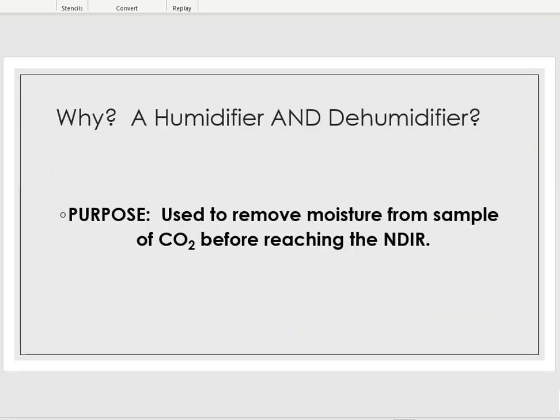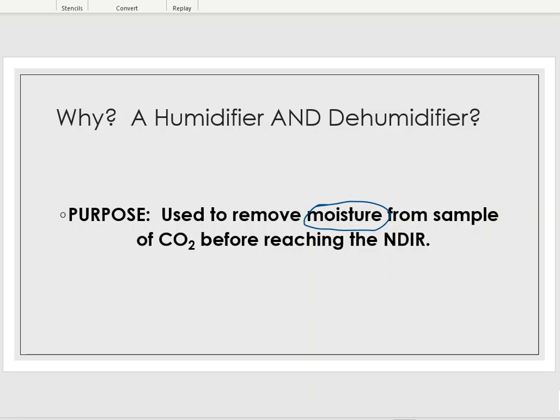And the purpose here is very similar to the purpose of the humidifier that we've talked about before. Anytime this instrument or this sample has extra moisture that doesn't need to be there, that extra moisture has to be removed. And in particular, it has to be removed before it goes into the detector.